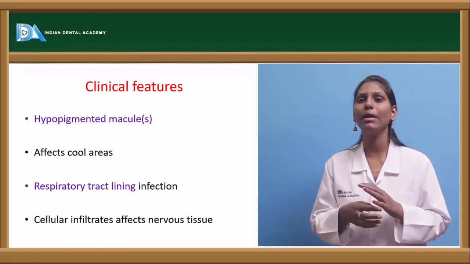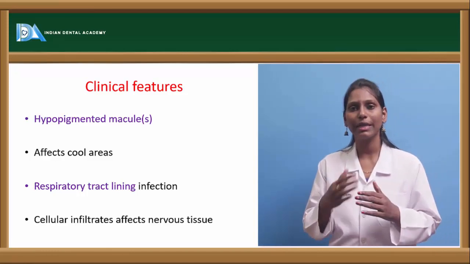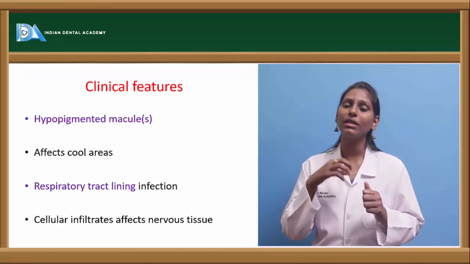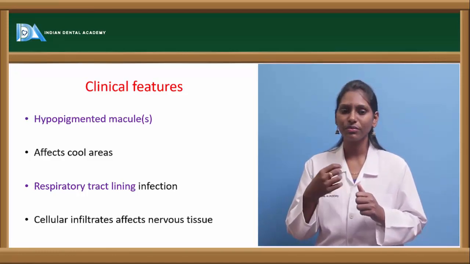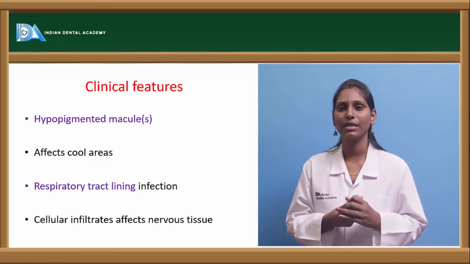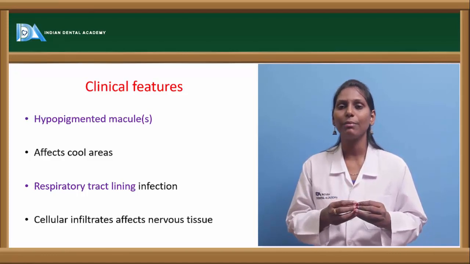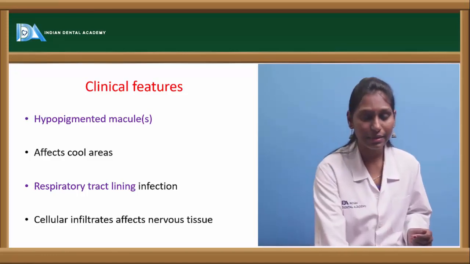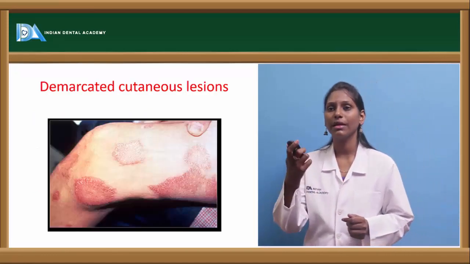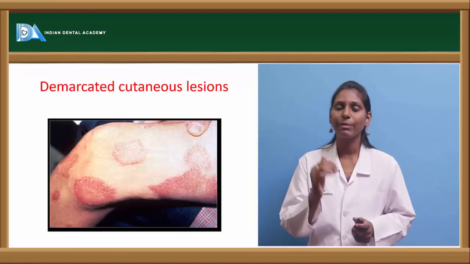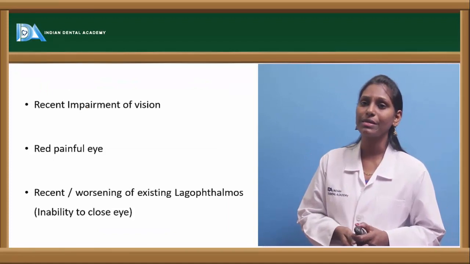They can undergo trauma, and there can be burns in the skin, because the patient is not responding immediately; there is no sudden reaction to any impulse. So because of these nervous tissue problems, there can be multiple deformities. Next, in this picture we see demarcated cutaneous lesions which are hypopigmented macules, again characteristic of leprosy.